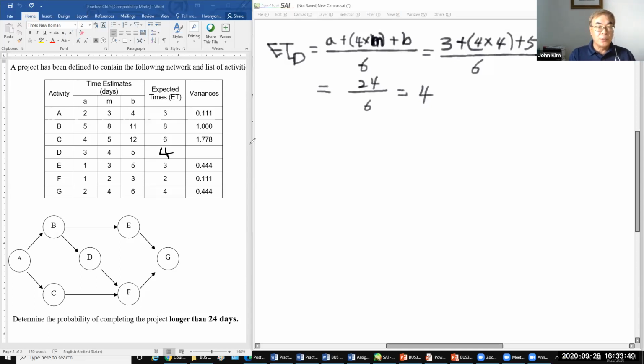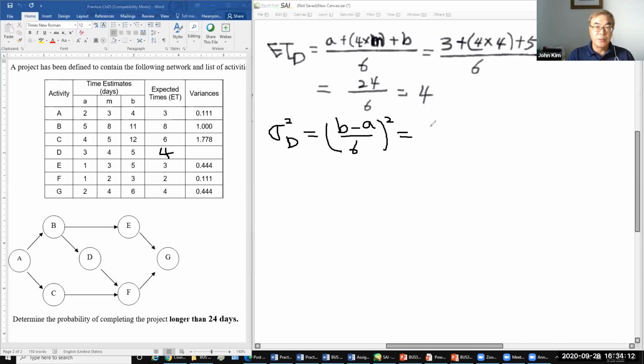And then this one is the variance for activity D, equals B minus A divided by 6, squared.